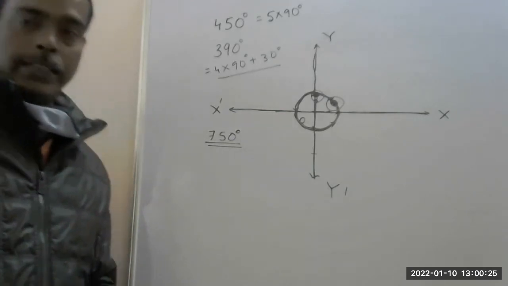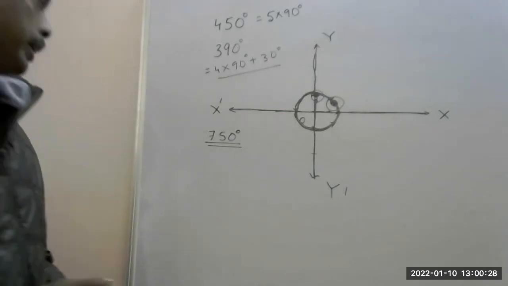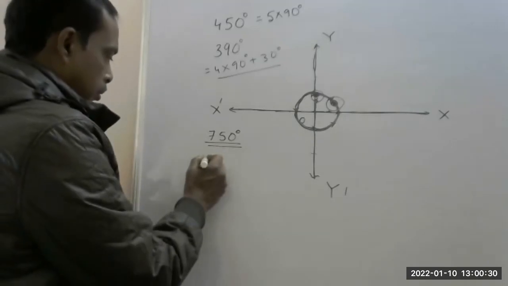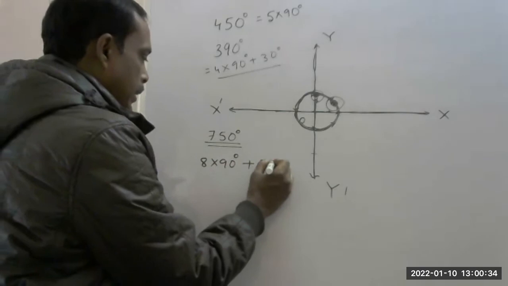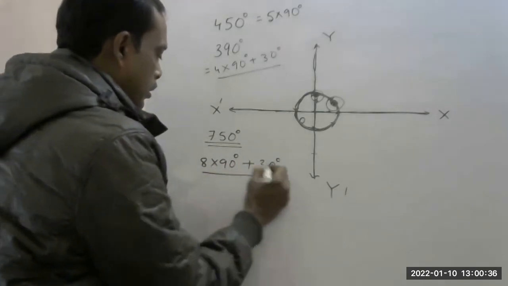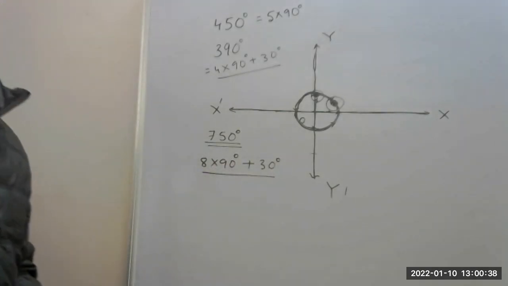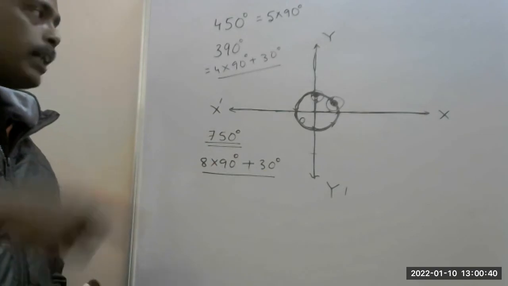First quadrant. It is right. Because of that, it can be written as 8 into 90 degrees plus 30 degrees. 8 into 90 degrees means we have to rotate two circular angles.